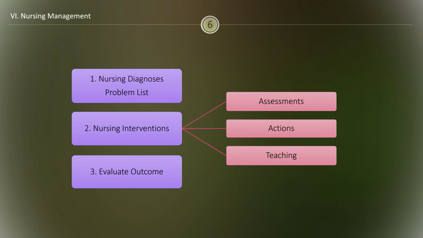Now on to 6, we have the nursing management. Always, it's the nursing diagnosis problem list: fear and anxiety related to the loss of control and unknown, knowledge deficit about treatment procedure, postoperative pain management needs, risk of postoperative infection.